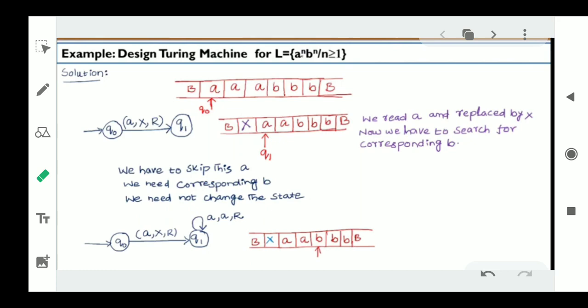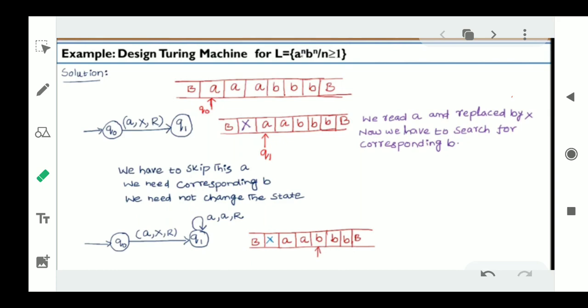And our first step is, we will follow a very simple logic here. Whenever we scan our first input symbol, consider our first input symbol is a here. First we will read or scan our input symbol, and then we will replace that input symbol with some other variable.